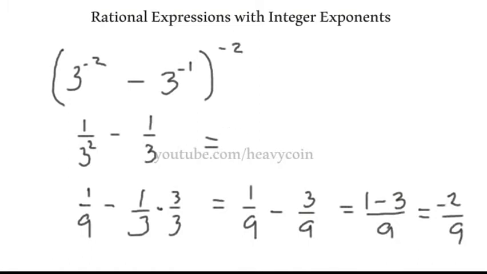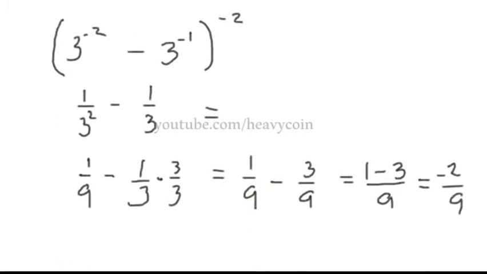Okay, so now that we have negative 2/9, what we're going to do is go back up. Remember, everything is raised to the negative 2 power. So we would say negative 2/9 raised to the negative 2.